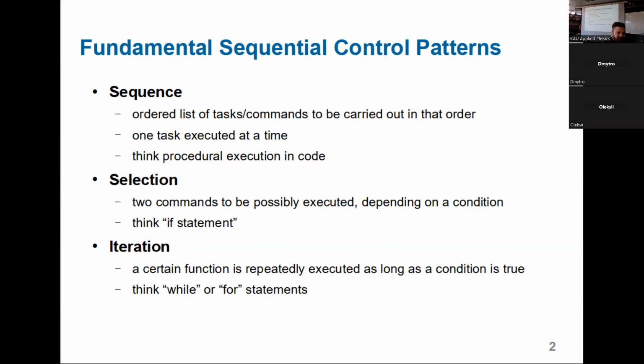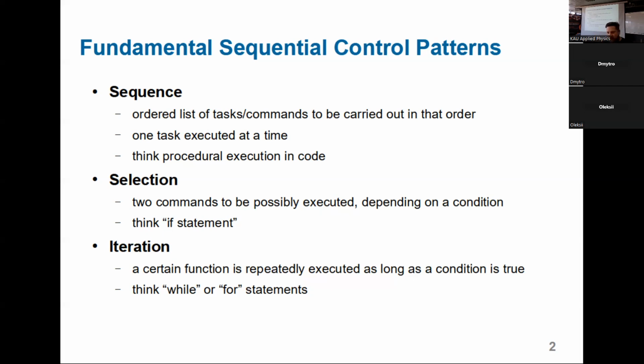Then you have a selection pattern. That's basically branching. So you have some sort of condition, and depending on that condition, you have a selection of commands to be executed, two or more. Traditionally, that's an if statement. And finally, iteration, that is, you have a certain function or a piece of code, a certain sequence that is to be repeatedly executed as long as some condition is valid.